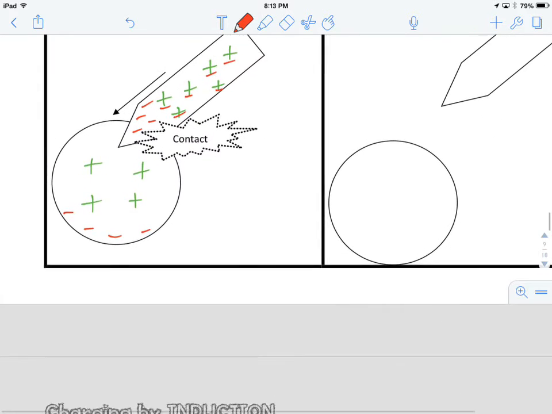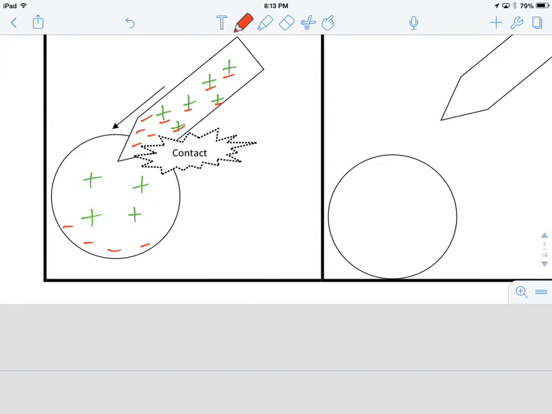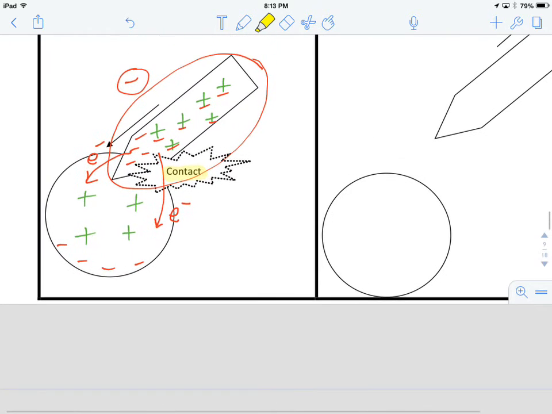And so what happens as soon as we touch this is that this object in general, which is negative to begin with, it doesn't like having all those negatives in there. And so the charge will try and distribute itself evenly. And so some, not all, but some of the electrons, because of the contact, will then spread out so that we can have a nice distributed negative charge.